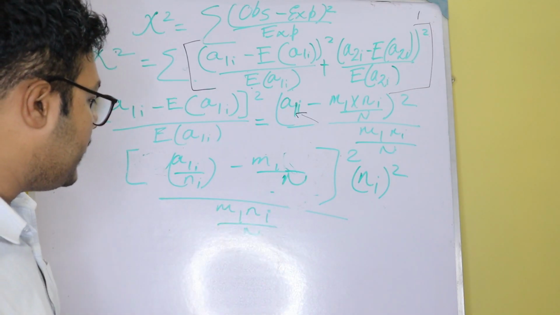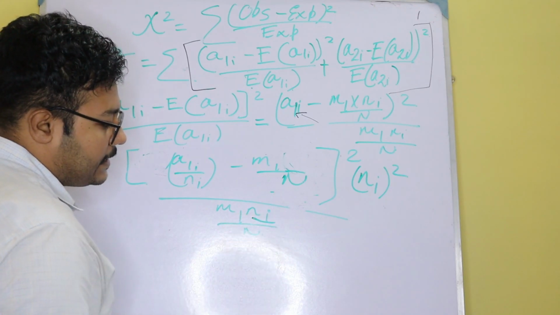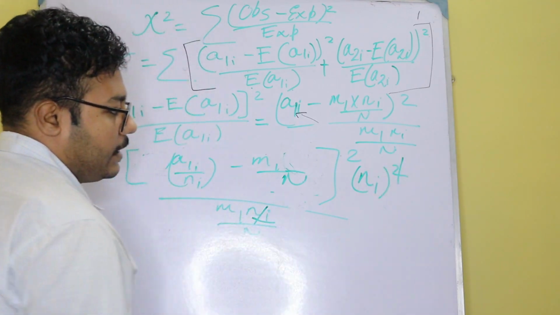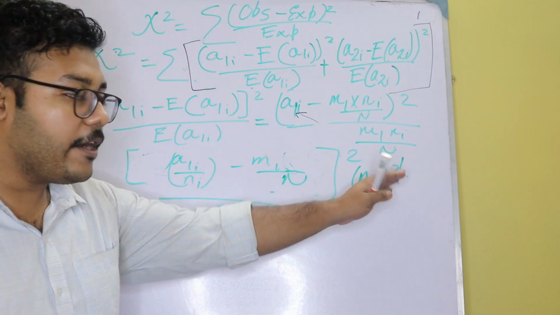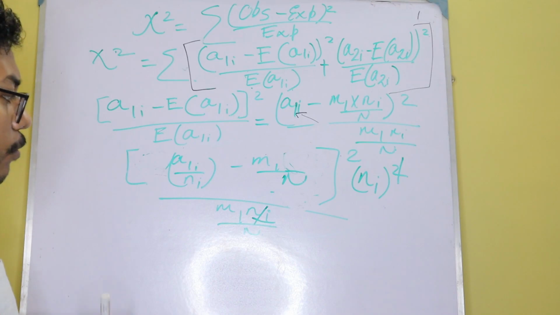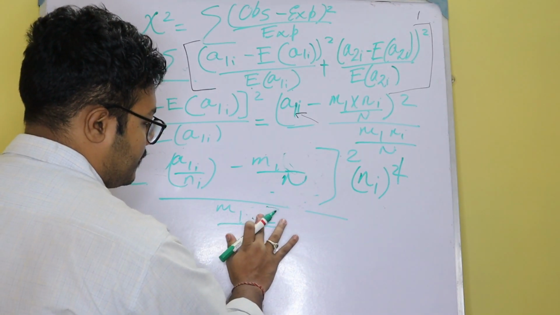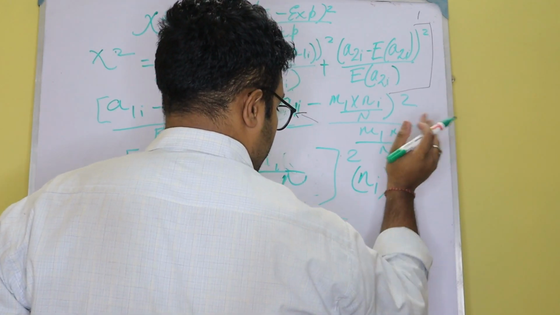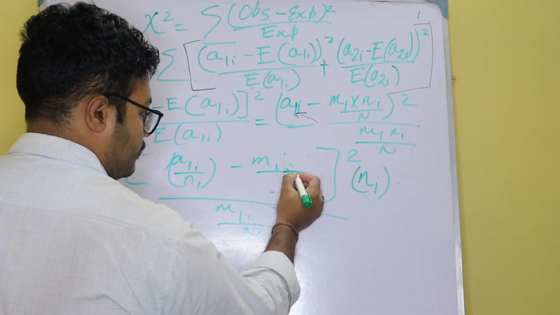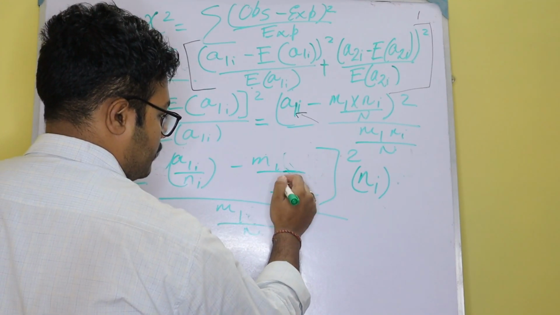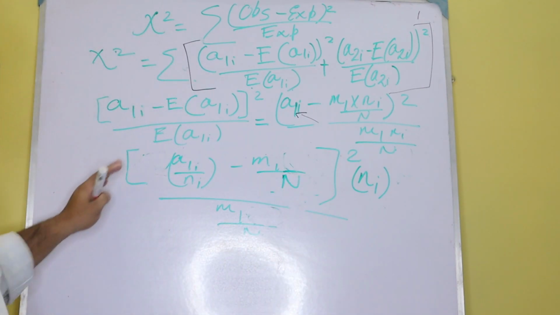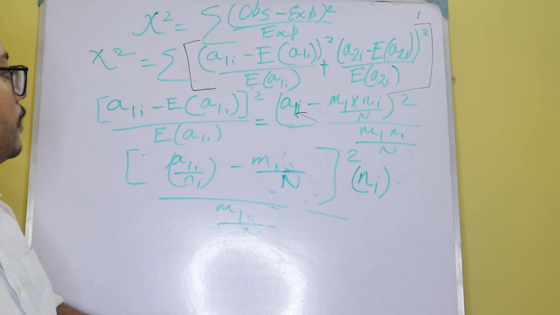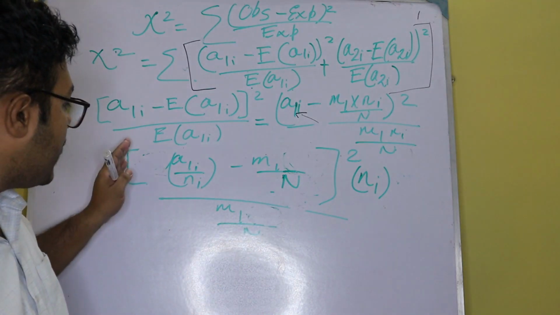Now, there is also an ni in the denominator. So if I eliminate this, I will get this expression. The square will cut out, and the final expression is like this. This is the final expression I get from this first part of the chi-square test.